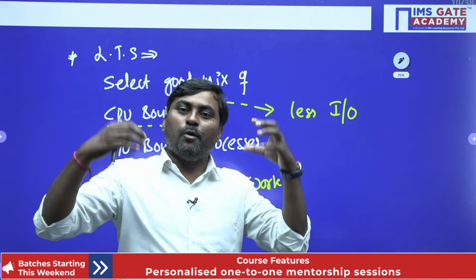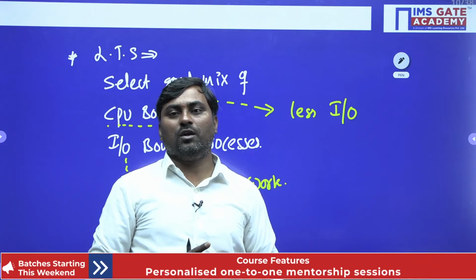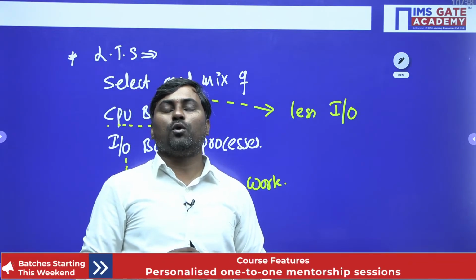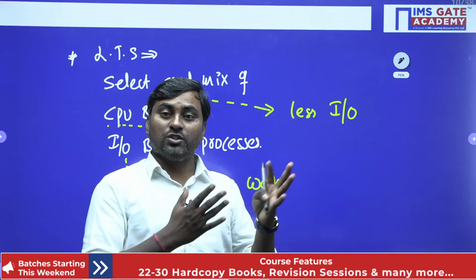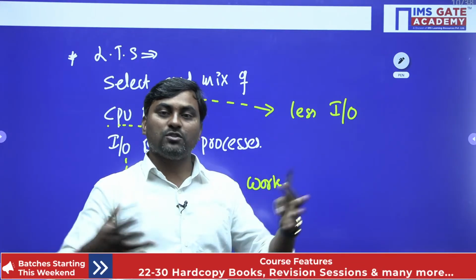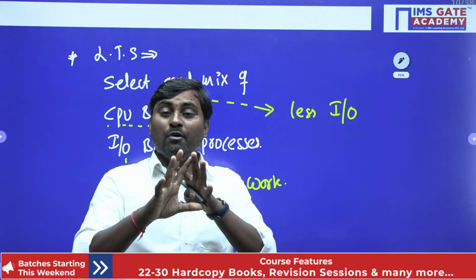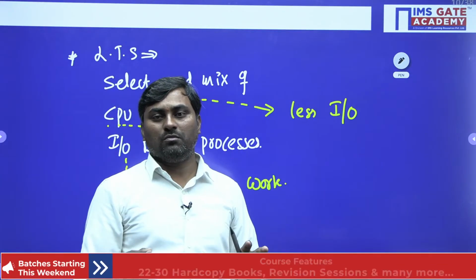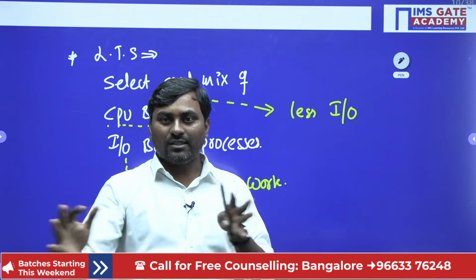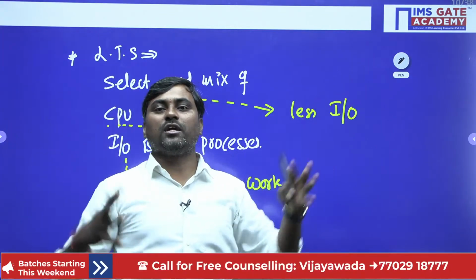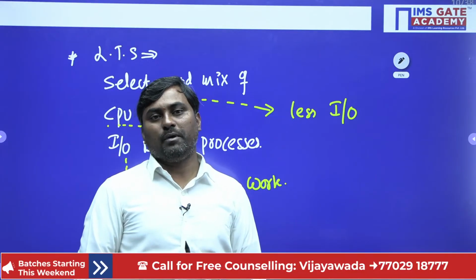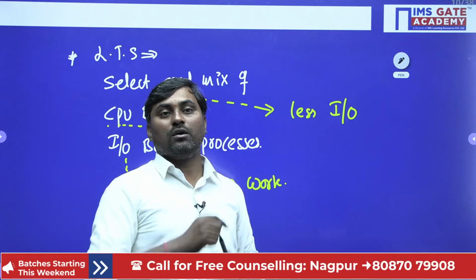If only CPU bound processes are selected by the long term scheduler, the devices are not going to be utilized properly. At a certain moment, if it selects only IO bound processes, the CPU may not be utilized properly while IO devices may be busy. To have proper utilization of every resource, the long term scheduler should select a good mix of all types of processes so that we can engage all the resources of the computer system. This is done by the long term scheduler only.